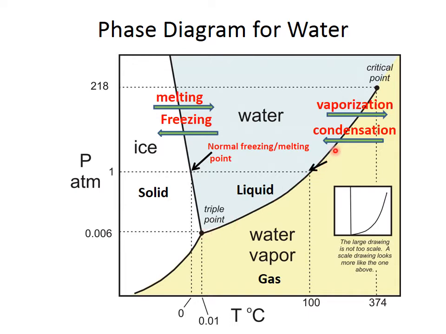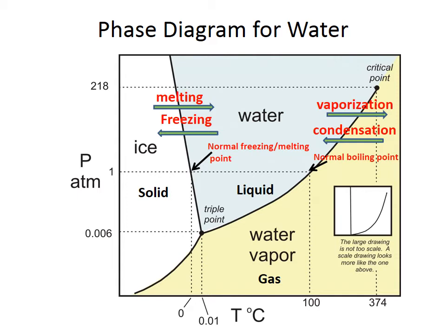The point at standard pressure, 1 atmosphere, where liquid water is converted into a gas will be our normal boiling point. And the normal boiling point for water is 100 degrees Celsius. So what we're seeing here is that by changing temperature and pressure, you can manipulate the boiling point of water.